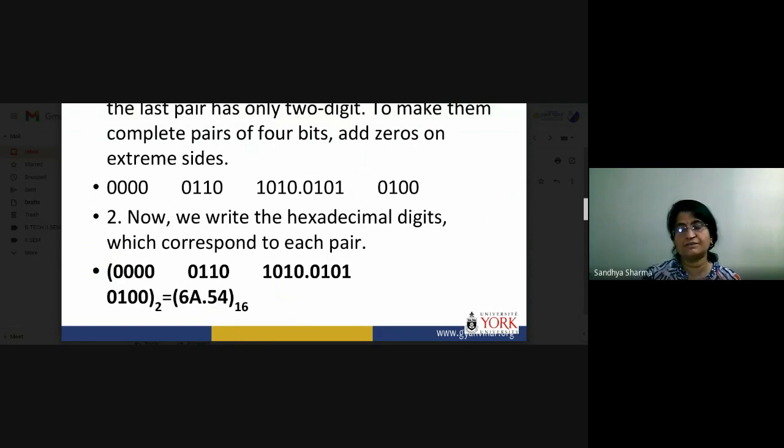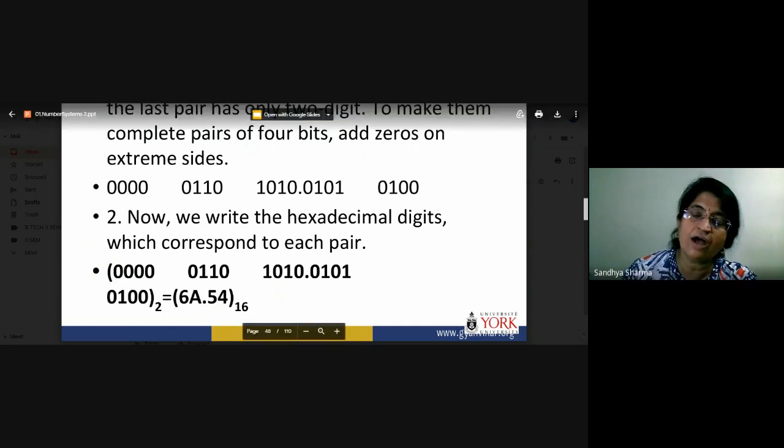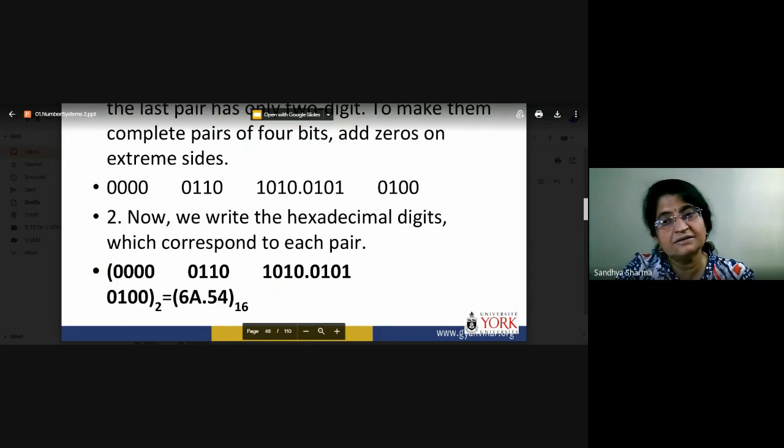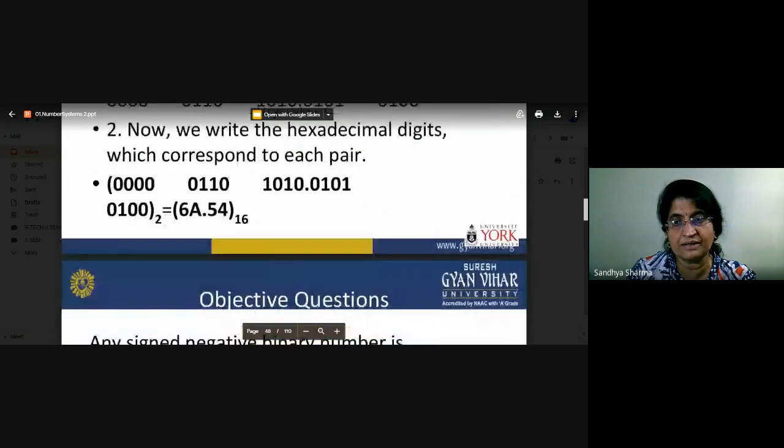You have to always remember which number system you have and which you have to convert to. According to that, you use the base. If you are working on the integer part, you divide by that base, and if you are working on the fractional part, you multiply that fractional part and take the integer value from it.